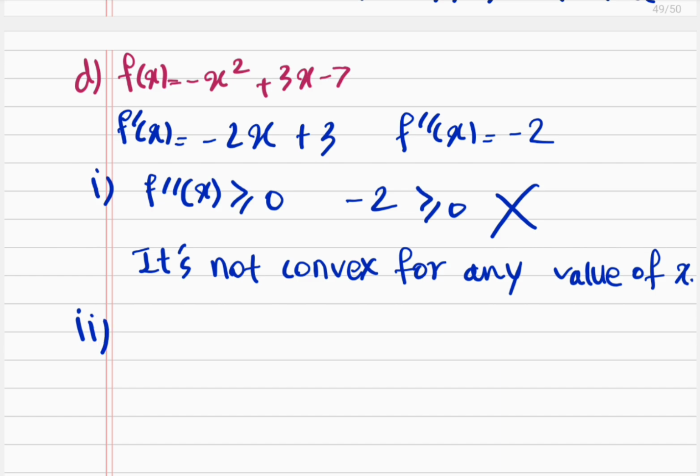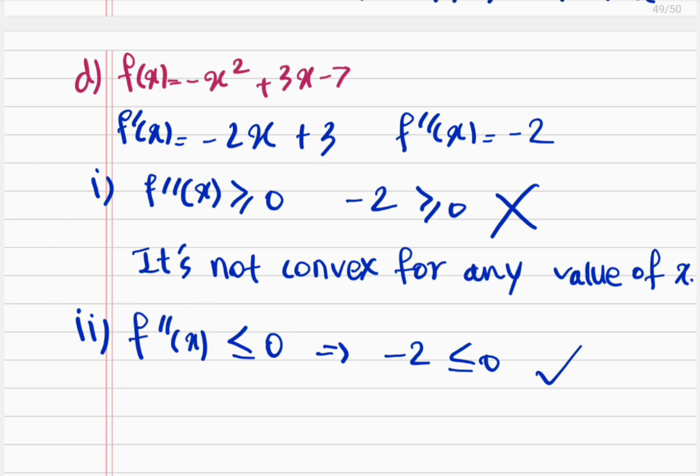The second part is now checking if it's concave. That's the case when f''(x) is less than or equal to 0. And in this case, this is also interesting, because the second derivative is obviously minus 2, and we know that minus 2 is less than or equal to 0. What this implies is that this function is indeed concave for any value of x.